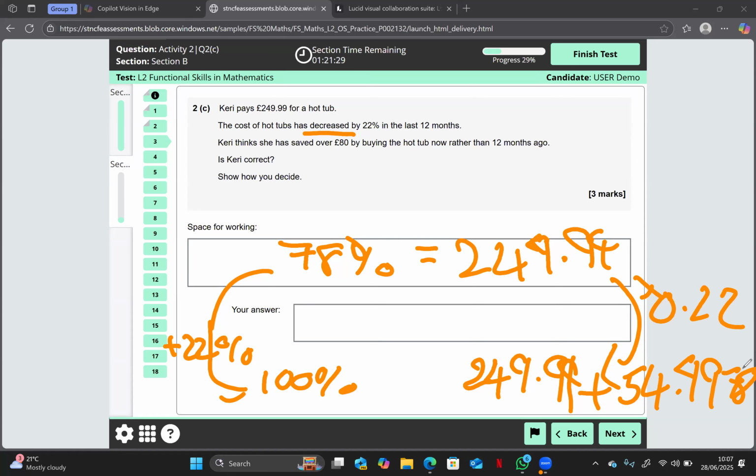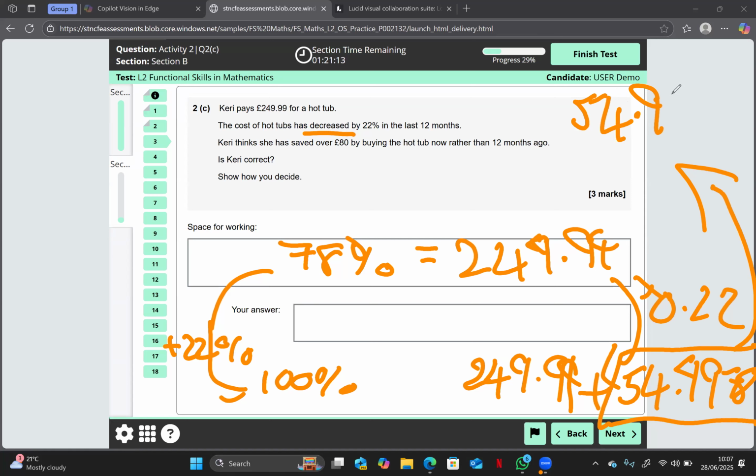We actually don't need to work out the increased price because she thinks she's saved over £80, but that's how much she's actually saved. So 54.9978 is less than 80.